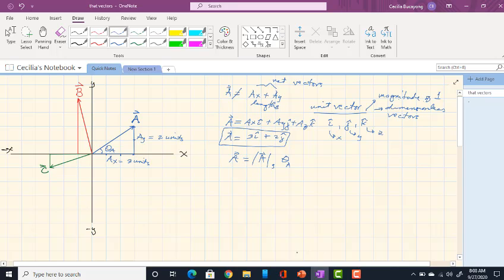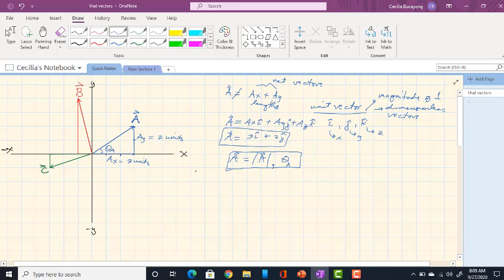It's just the reverse process of your previous example, where if the magnitude and direction are given, we compute the components, the 3 units and 2 units, using SOHCAHTOA. In reverse, the same.